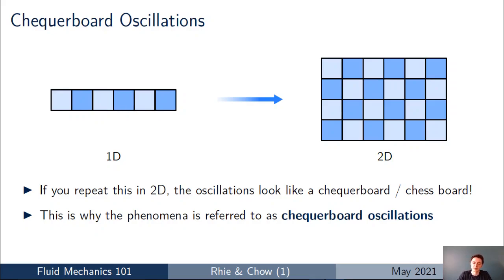And so you can have a pressure field which has a checkerboard or chessboard-like appearance in 2D. This is because we've got two solutions effectively superimposed on top of each other, which as a user, if you plot the field as contours, you'll see appear as what are called checkerboard oscillations.